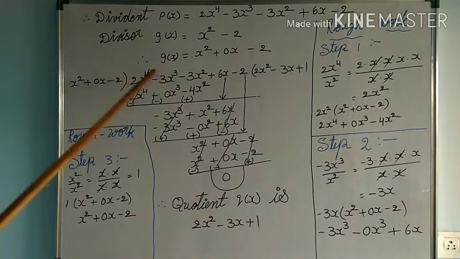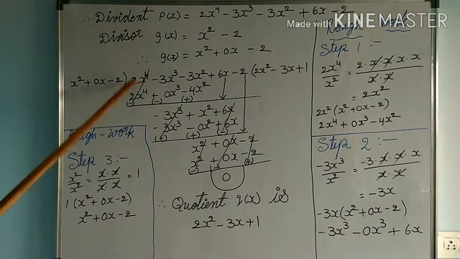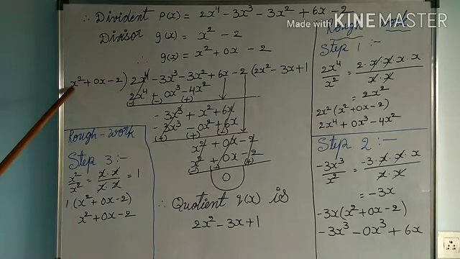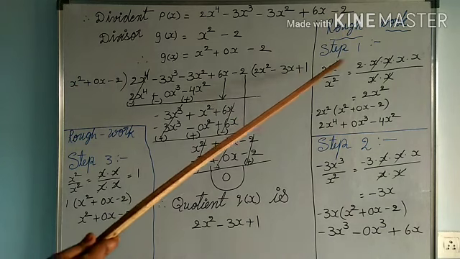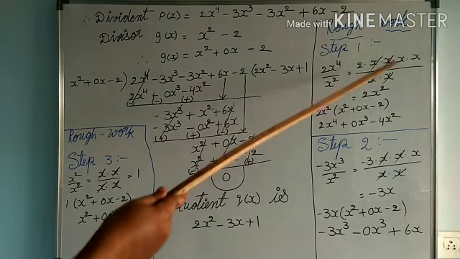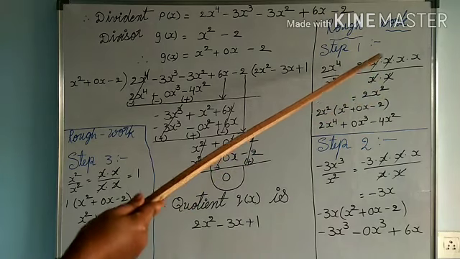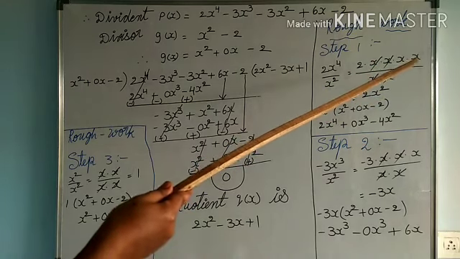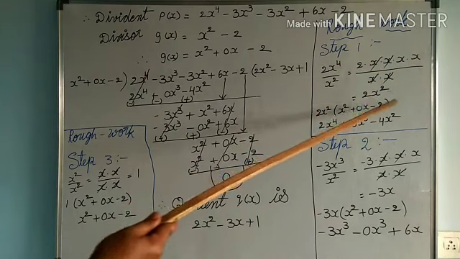Step 1. Divide the dividend's first term by the divisor's first term. So 2x to the power of 4 by x square. The x's cancel and the remaining is 2x square.